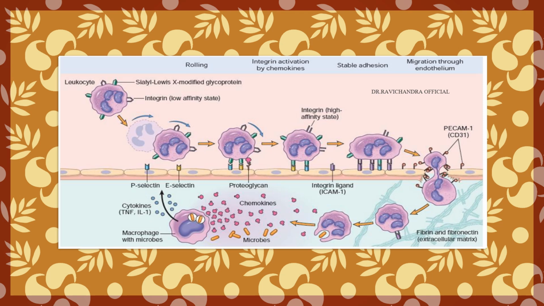So the leukocyte, with the help of the sialyl Lewis X modified glycoprotein, will attach with the E-selectins and P-selectins, and the integrins, when attached, result in a high affinity state. The integrin ligands, that is, the immunoglobulin superfamily, will be ICAM1, VCAM1 and PCAM1. PCAM1 is also called CD31.